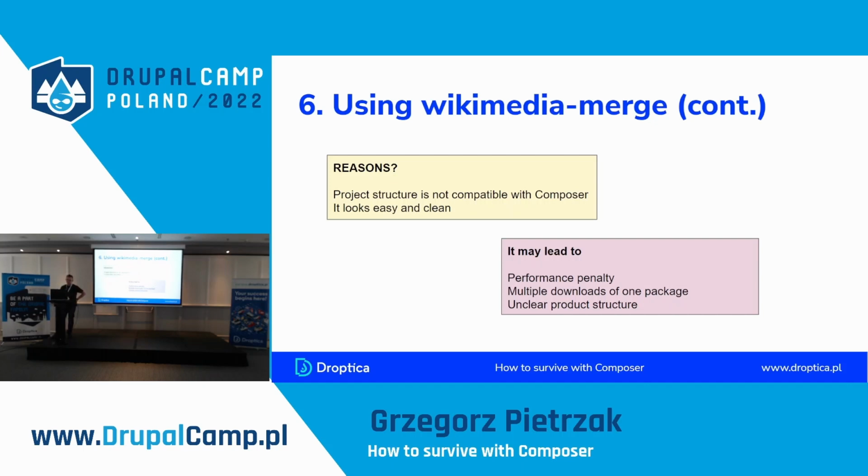On Drupal.org there are some discussions about throwing out Wikimedia Merge from composer.json files. There are also problems with patching when you use it, because some packages may want an unpatched version of something, other packages may want another version, and you get multiple downloads of the same package into your project, and you have no idea what is patched or not there. So this is about Wikimedia Merge.